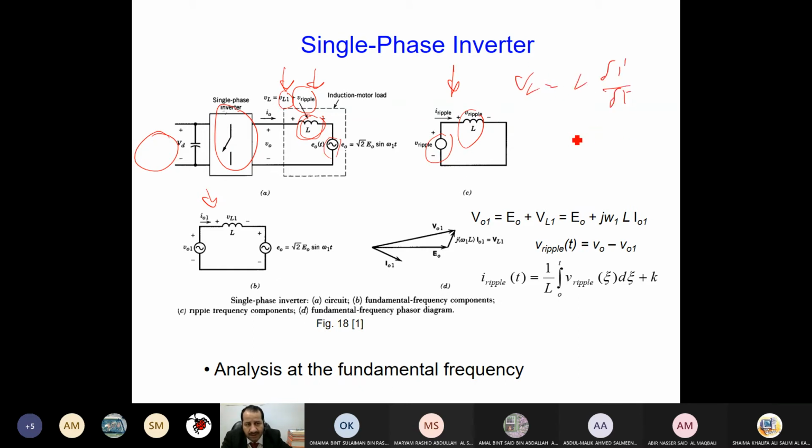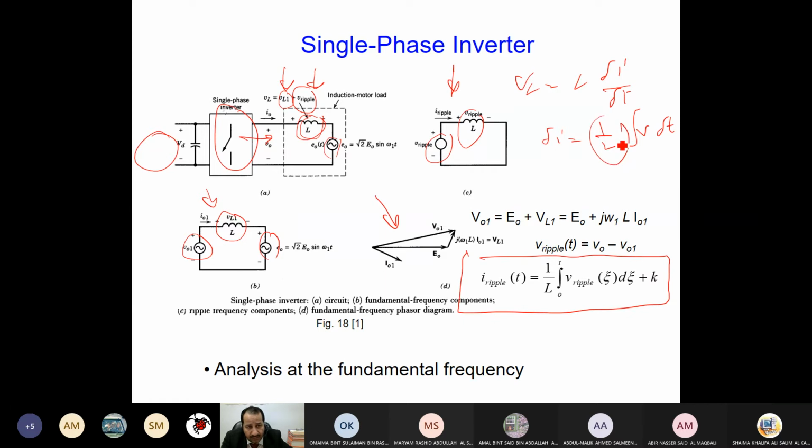If I want to calculate the current, di equals 1 over L times the integration of V dt. For the forced, we have the voltage coming from the inverter, the inductance, and the back EMF. This is the block diagram as we learned in level 2. But let me focus on the ripple current.